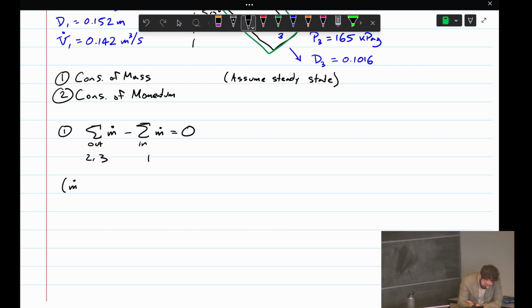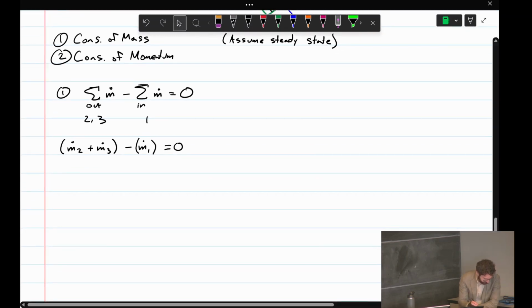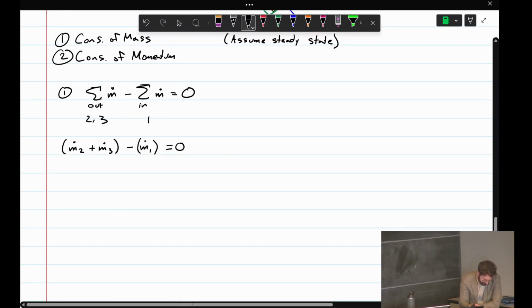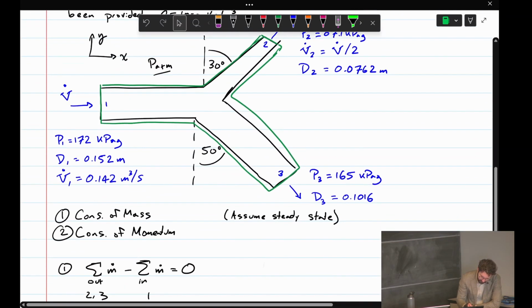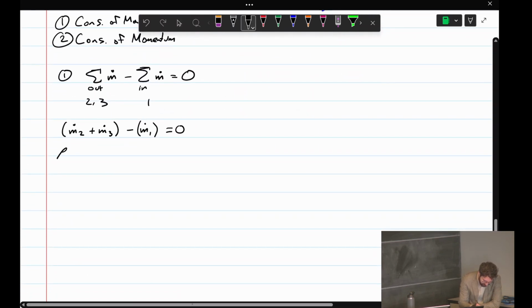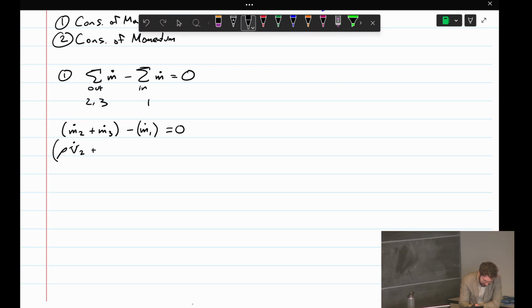So we'll have m dot 2 plus m dot 3 minus m dot 1 equals 0. m dot 2 is rho V dot 2. m dot 3 is an unknown, so I'm going to leave that. And m dot 1 is rho V dot 1.